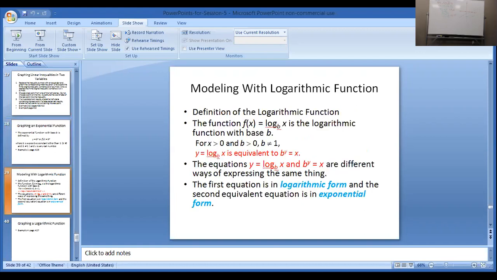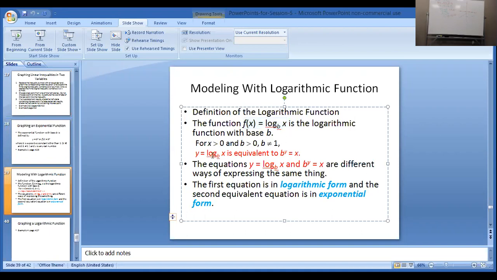Logarithmic. Definition of logarithmic function. Basically, this is a logarithmic function. f of x is the reverse of exponential, or they are equal actually, but they are expressed in different forms. f of x equal to log base b of x, where x is greater than 0 and b is greater than 0 and b is not 1.